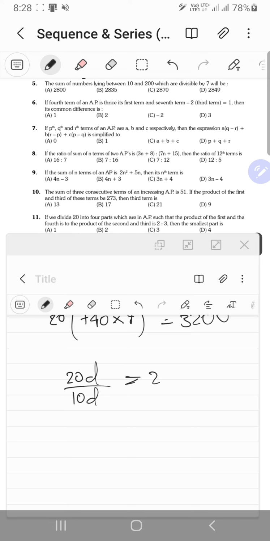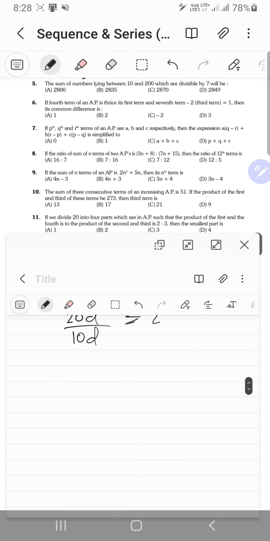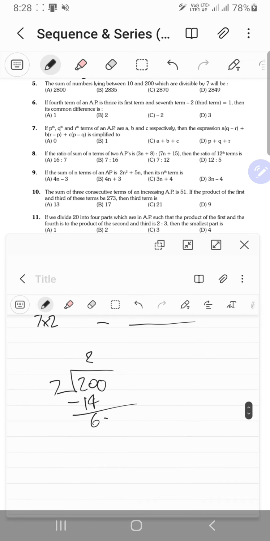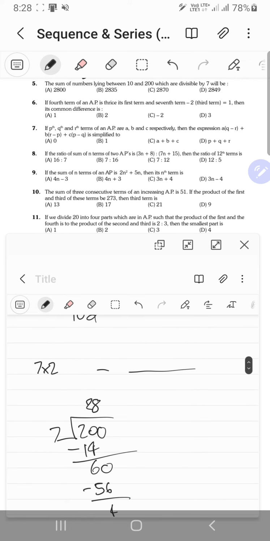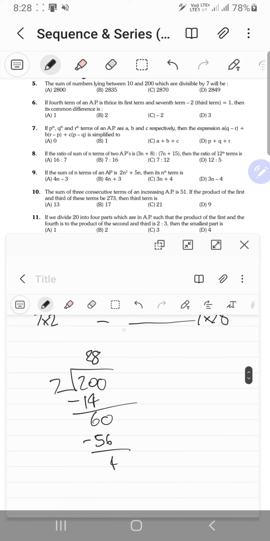The sum of the numbers lying between 10 and 200 which are divisible by 7 will be. Okay, so the first number is definitely just 14, so it's 7 times 2, and for the last number, if I divide by 7, it's slightly less than 200, so 7 times 28.